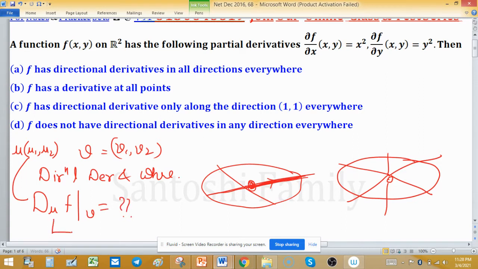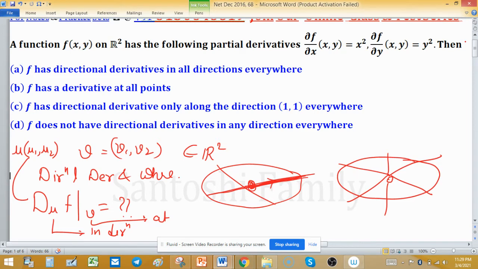This means in direction and at a point. These u and v are random points of R square. So if this directional derivative exists there, then we will say all directional derivatives exist in all directions and everywhere. In all directions and everywhere, it is important.